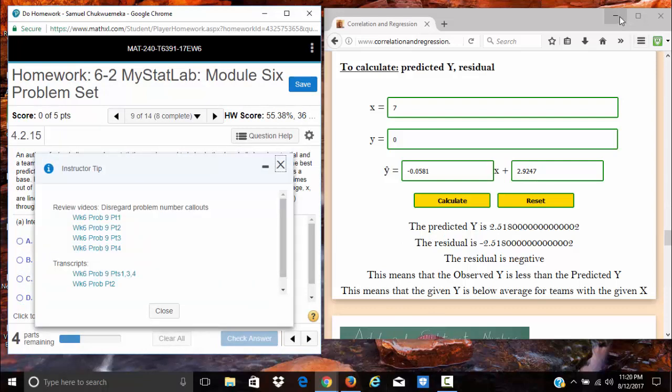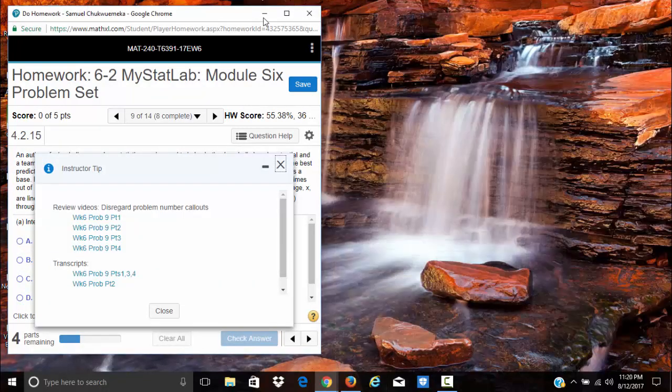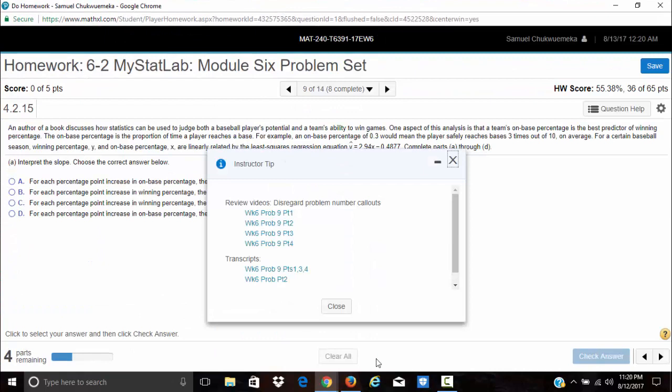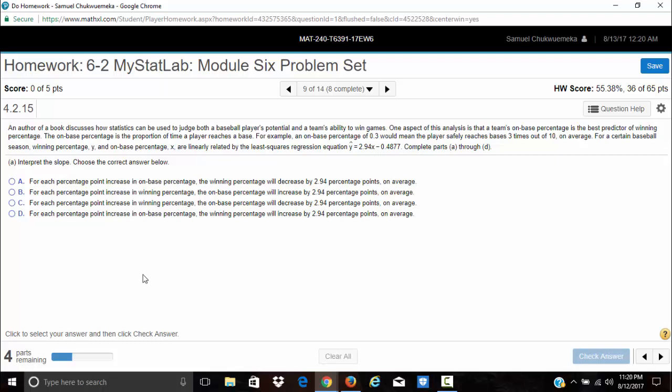Question 9. We are getting there. You can review the instructor tips later on. An author of a book discusses how statistics can be used to judge both a baseball player's potential and a team's ability to win games.